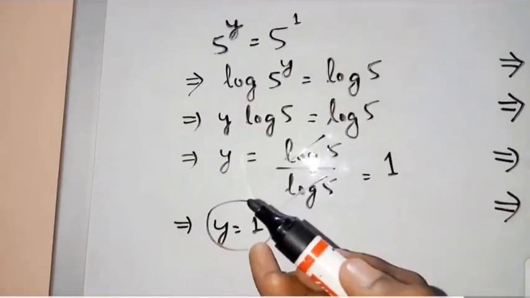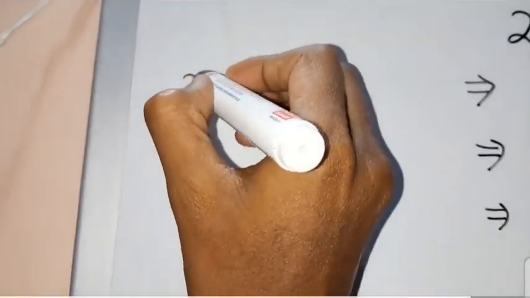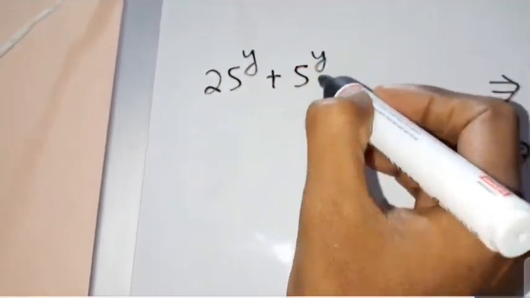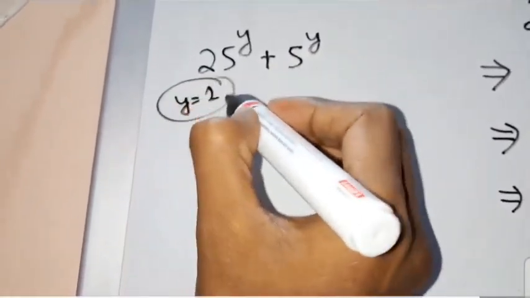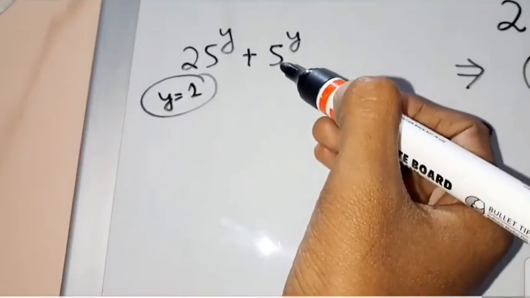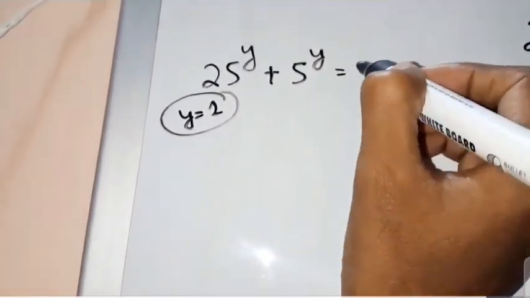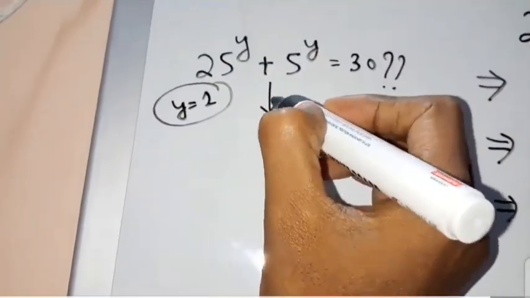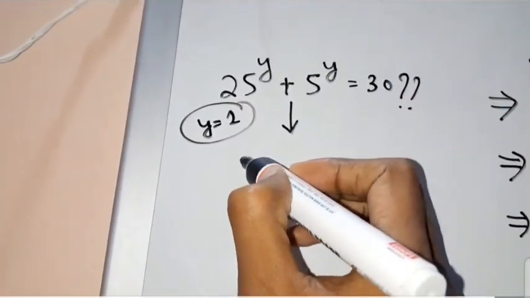So we have to check whether this y satisfies our equation or not. What is our equation? It is 25 to the power y plus 5 to the power y, and this should equal the right hand side, which is 30. So we take the left hand side, 25 to the power y plus 5 to the power y, and put y as 1.